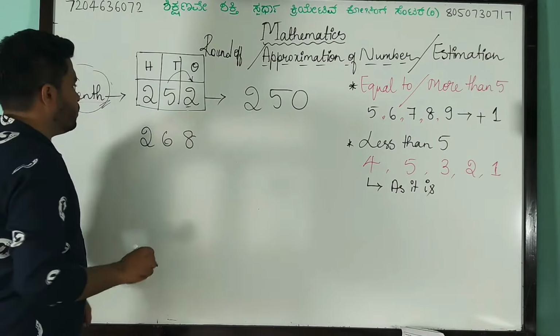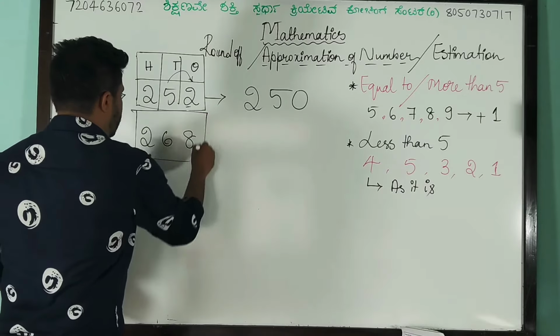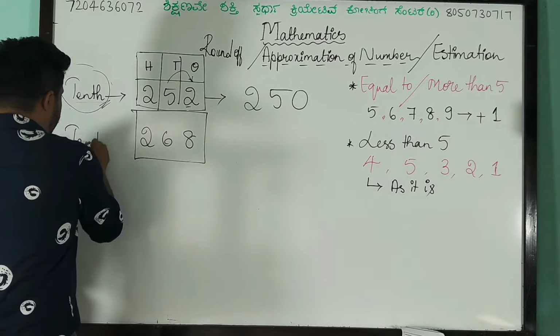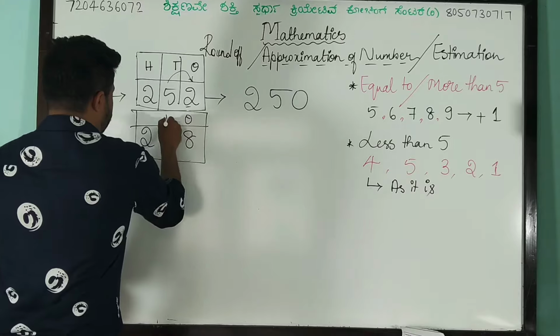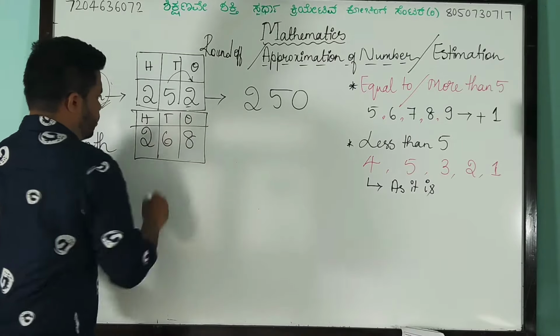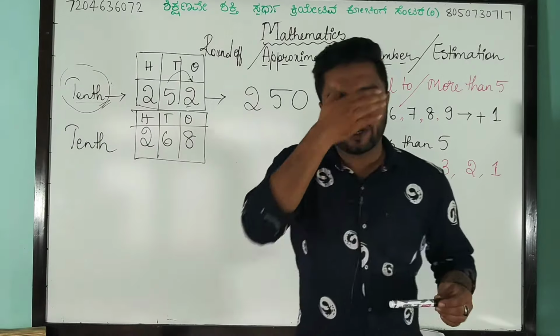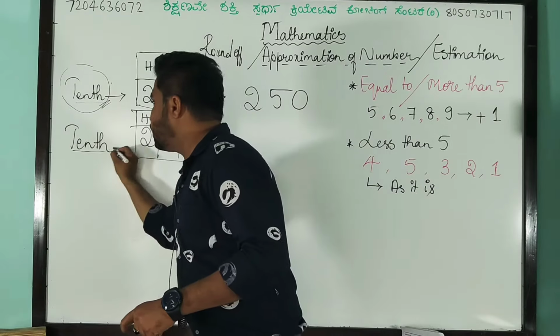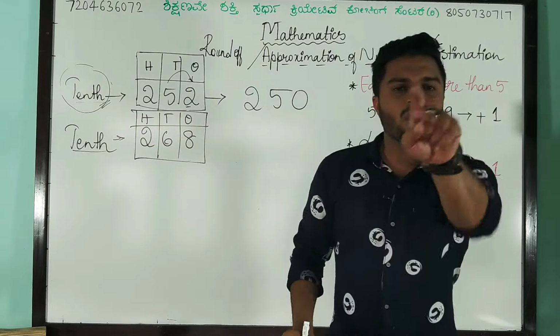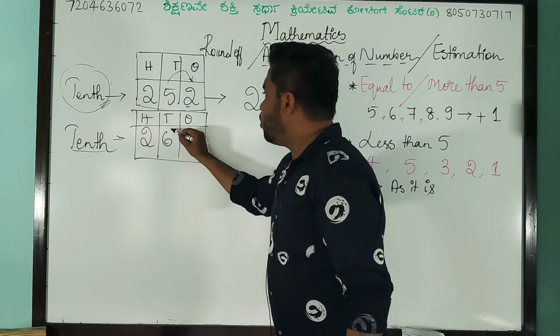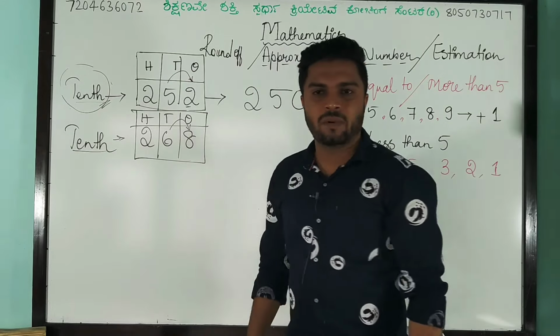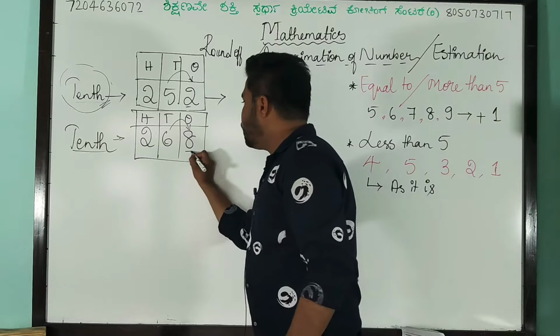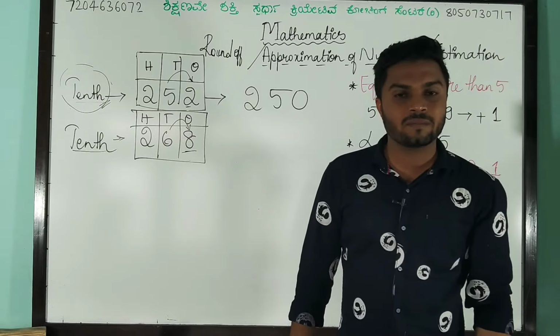268. Let us check it again for the 10th place itself: 1s, 10s, 100s. Now you are going to see the number for the 10th place. You will check the number in the ones place. What do you have in the ones place, students? 8.